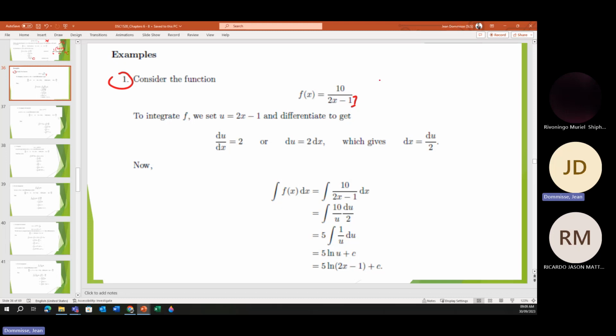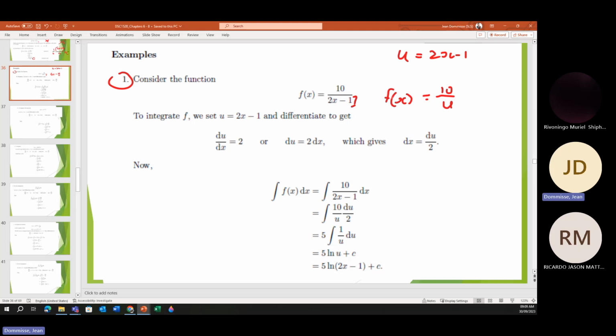So I would rather rewrite it and say, well, let's substitute that 2x minus 1 with a u. And again, you can substitute it with anything. You can call it k or whatever. It doesn't need to be u.